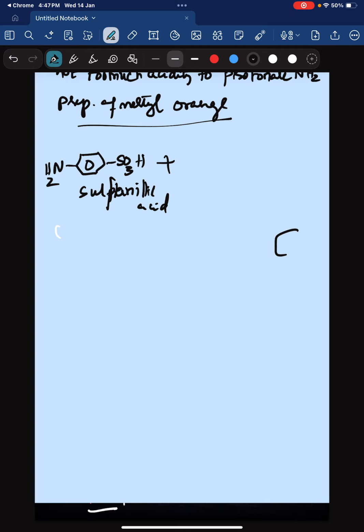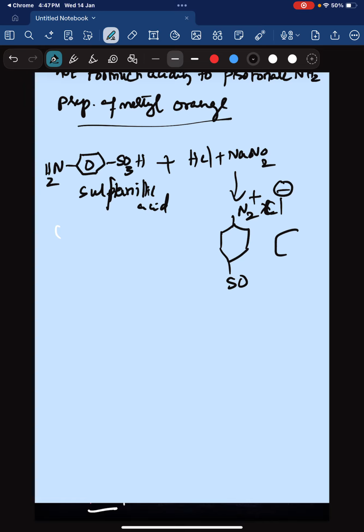In the presence of HCl and NaNO2, that NH2 becomes N2 plus X minus or Cl minus, and this SO3H will remain the same. This is called 4-diazobenzene sulfonic acid.